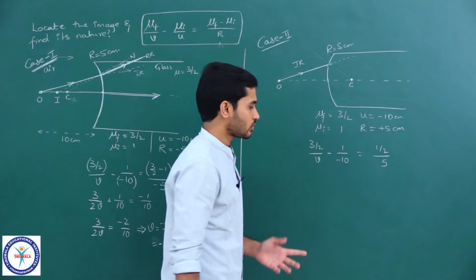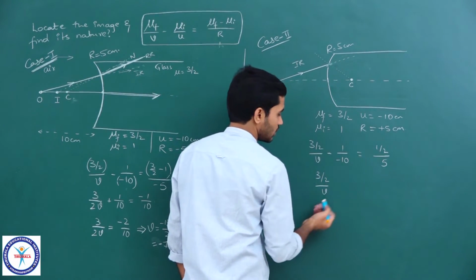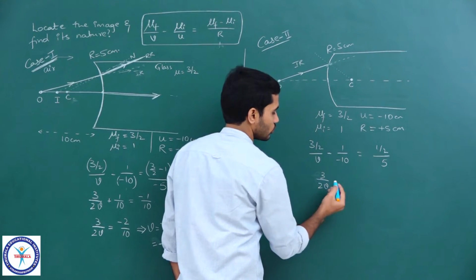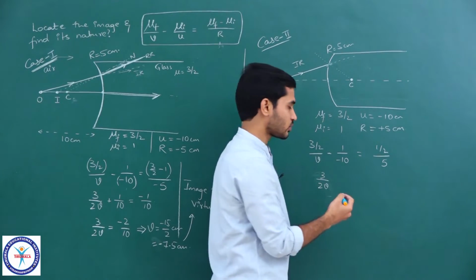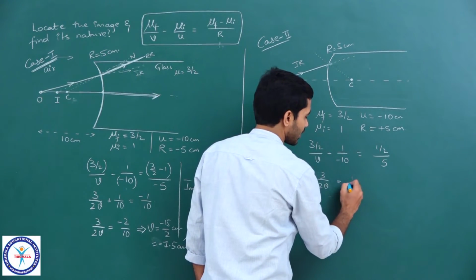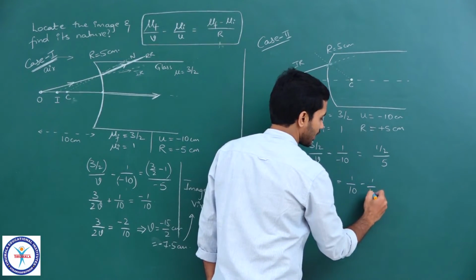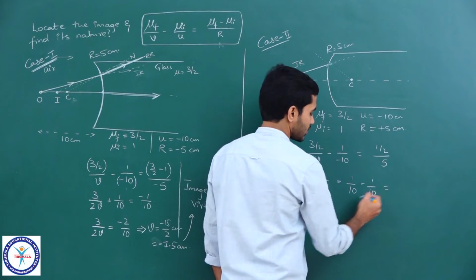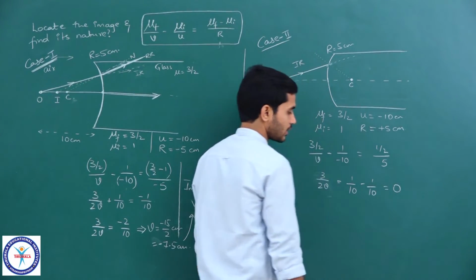If I simplify this, I would get 3 by 2v plus 1 by 10, and when this 1 by 10 goes to the other side it becomes minus 1 by 10. So, when I simplify, 1 by 10 minus 1 by 10, we are getting 0.